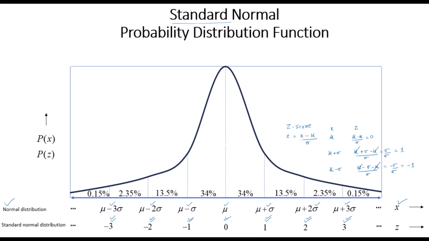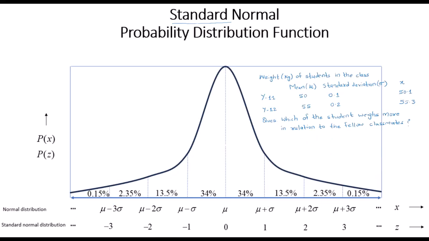And in case of standard normal distribution on the horizontal axis, we have the integers 0, 1, 2, 3, and -1, -2, -3 taking over the respective values for the x variables. So x equals mu will change to z equals 0, and x equals mu plus sigma will change to 1, and likewise.